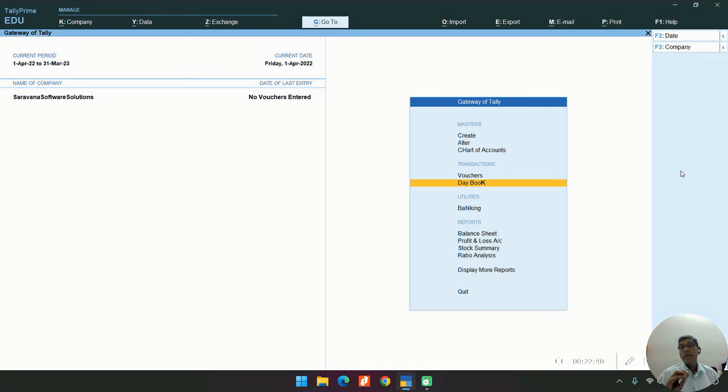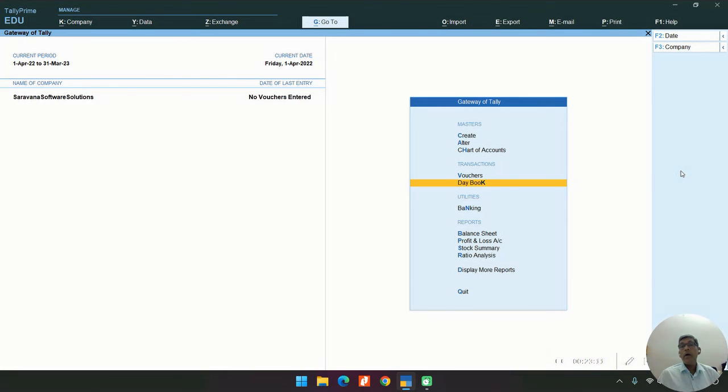So once these two categories in the masters are done, we are going to create the necessary groups, the necessary ledger accounts, the necessary units of measure, and necessary stock items. Once you define all of these in a proper manner, you are going to post all your entries under the vouchers window.